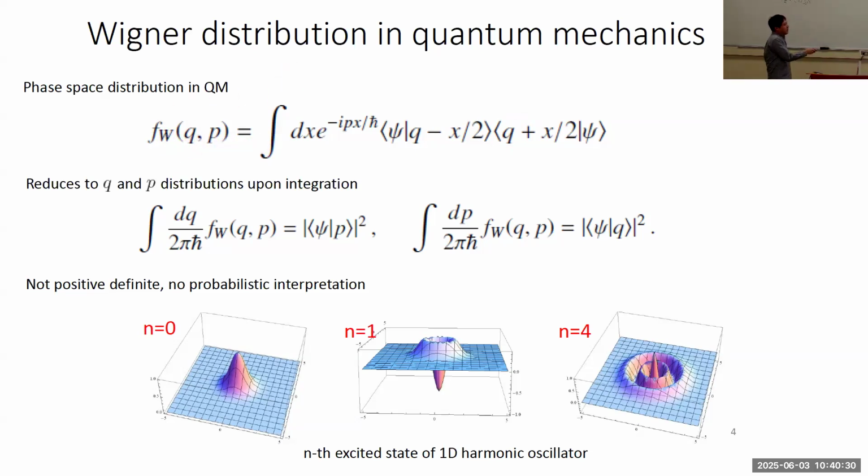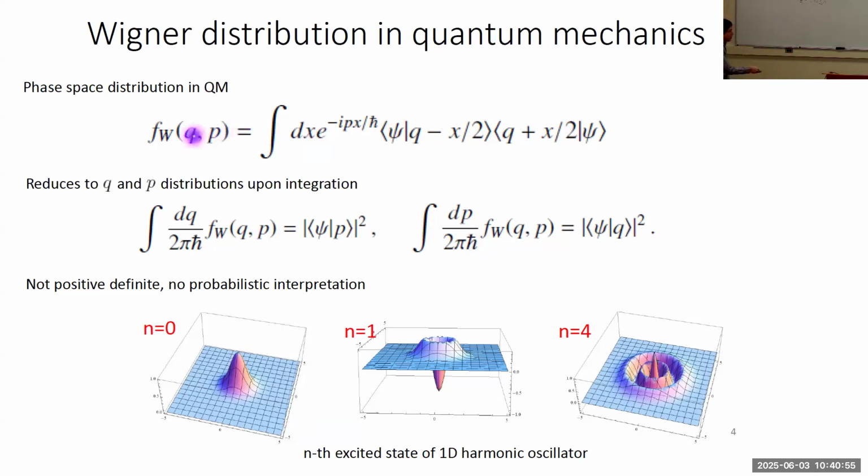And the nice property is that if you integrate over the position, then you get the momentum distribution. And if you integrate over the momentum, then you get the position distribution function. But so this is very nice, but of course in quantum mechanics, we have the uncertainty principle, which means that this cannot really be a probability distribution, which means that it can become negative.